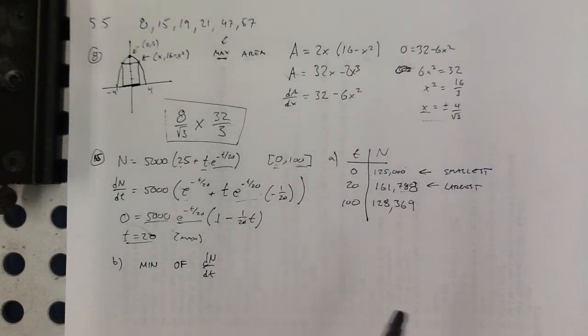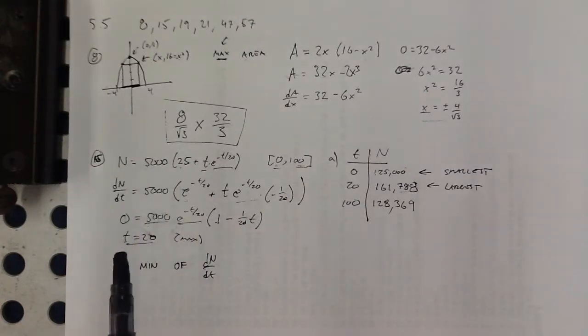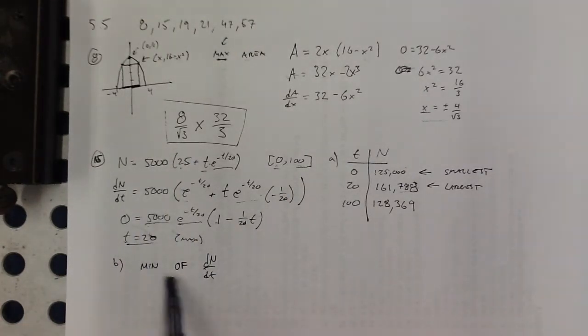This is a tricky little thing. This does come up, probably going to come up on the test in at least one of the questions. They don't tell us explicitly what to do here. We have to piece together that this is what we need to do. So again, what are we looking for? We're looking for the time when the number of bacteria is decreasing the most rapidly.